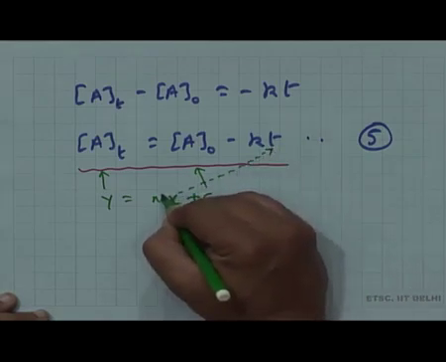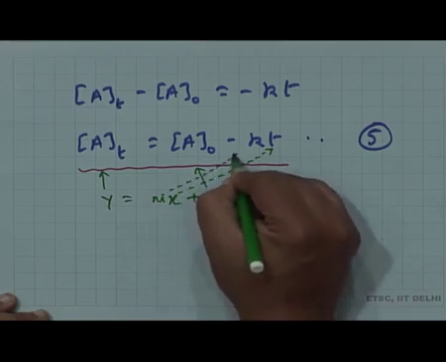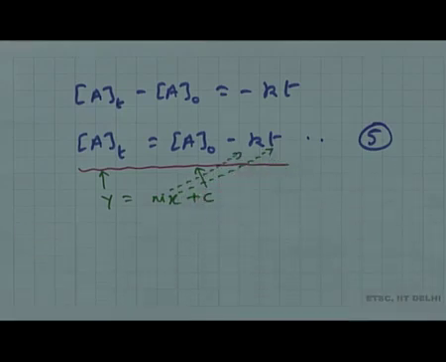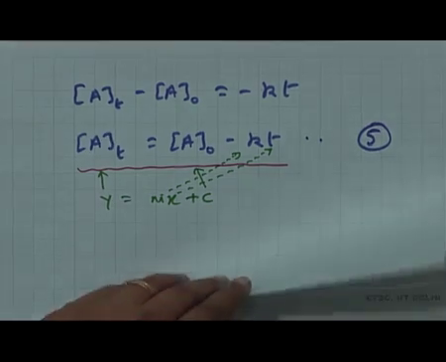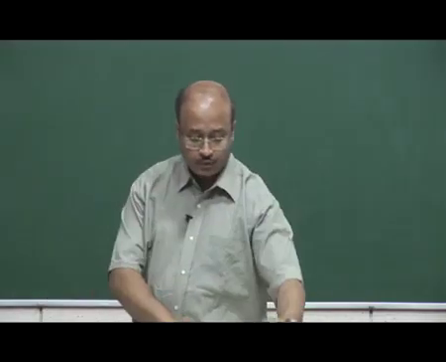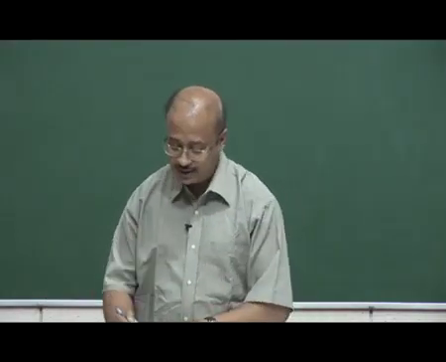So, this is the equation of a straight line. If I want to plot a graph, how would the plot look like? The plot would look as you have rightly guessed.